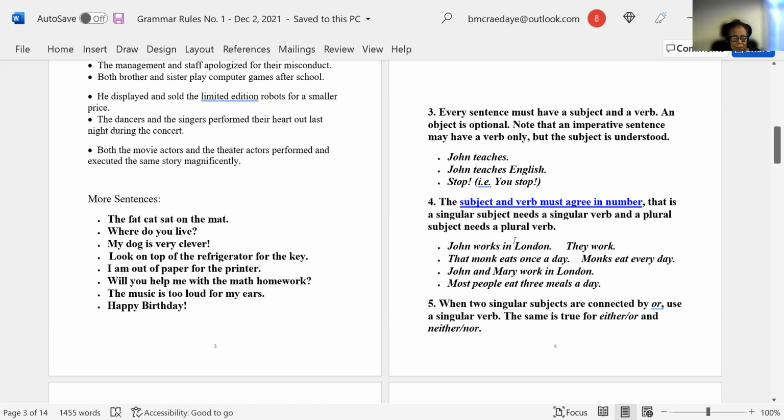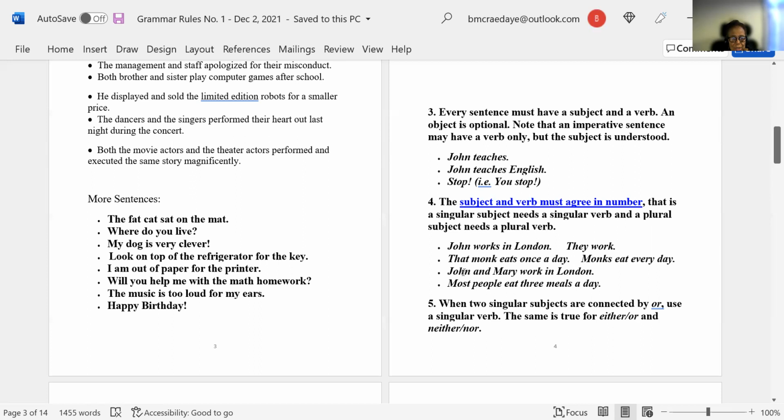Another example. That monk eats once a day. The monk is the subject, eats is the verb. This is singular subject, singular verb. If we say monks, now that's a plural subject, and the verb becomes eat. Monks eat every day.